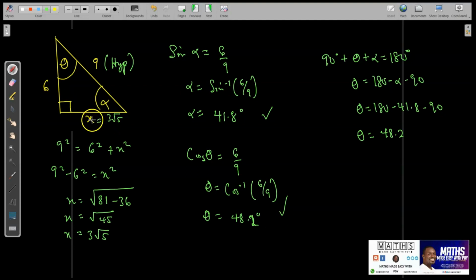Alpha and x are adjacent to each other. So if I decide to use tan to find the alpha value, then tan of alpha will be equal to the opposite side over the adjacent side. What is the opposite side of alpha? It is 6. Over what is the adjacent side of alpha? It is 3 root of 5. So how then do we get alpha? Alpha will be equal to what?